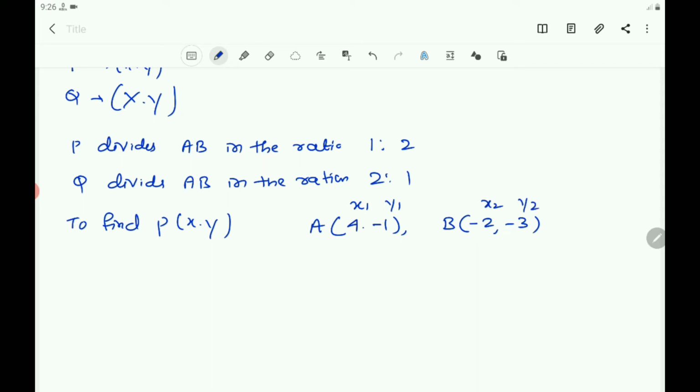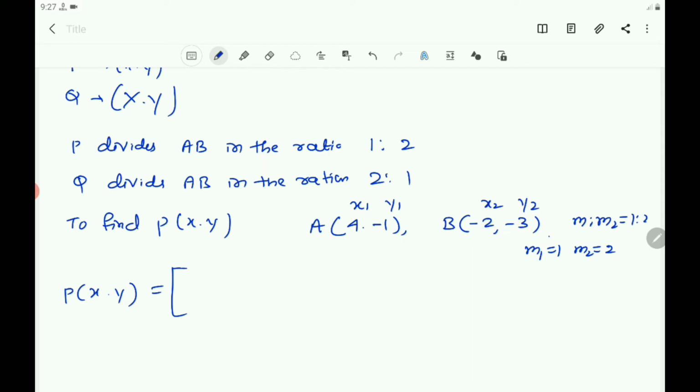Now P of (x, y) equals, with the ratio m1 is to m2 equals 1 is to 2, so you take m1 equals 1, m2 equals 2.